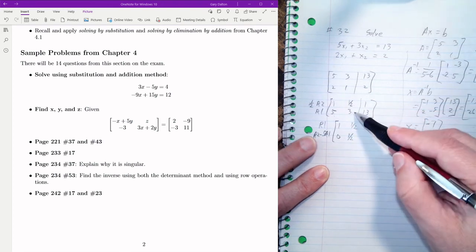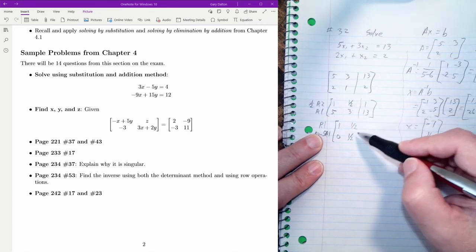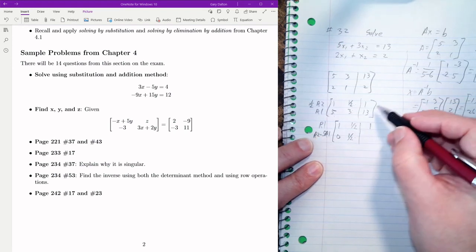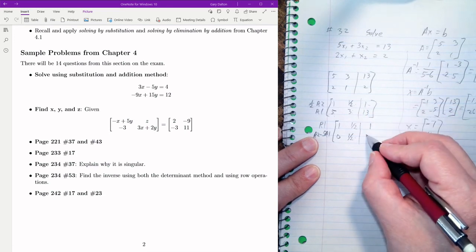Is that correct? So 3 would be 6 halves minus 5 halves, 1/2. 1, and then 13 minus 5 is 7.